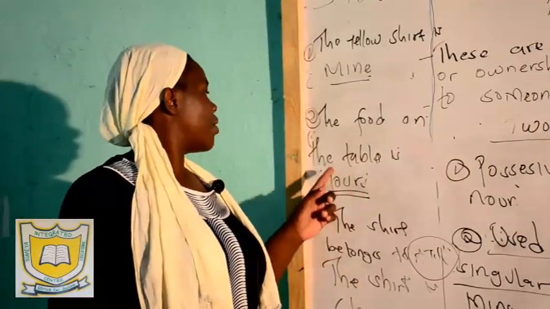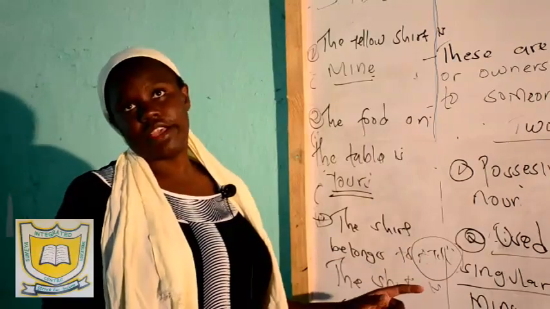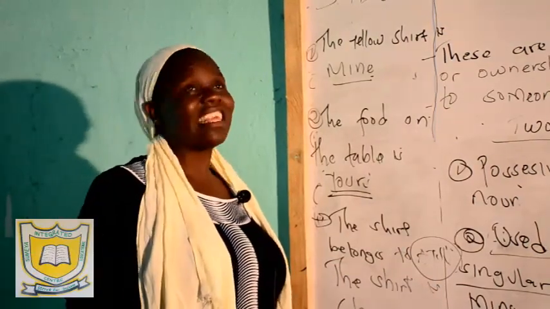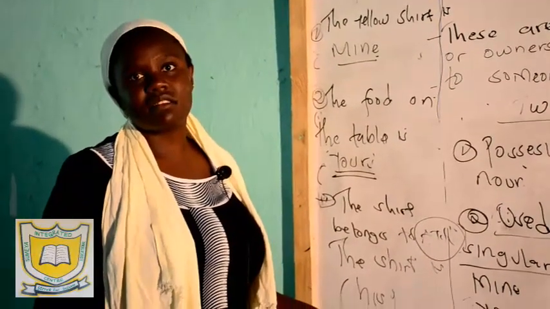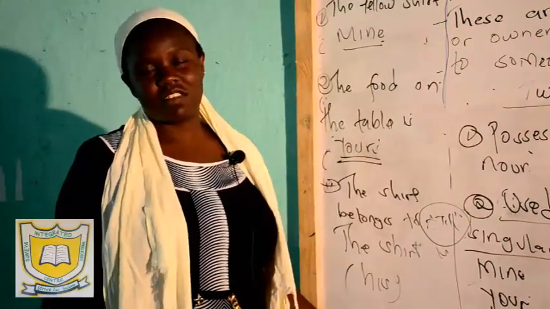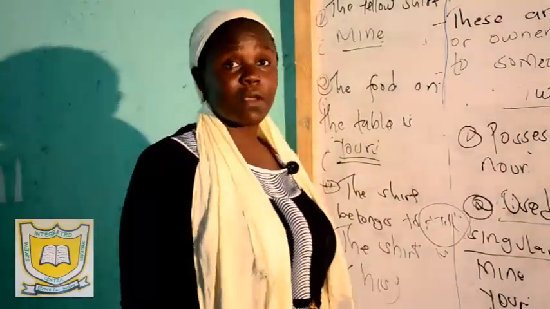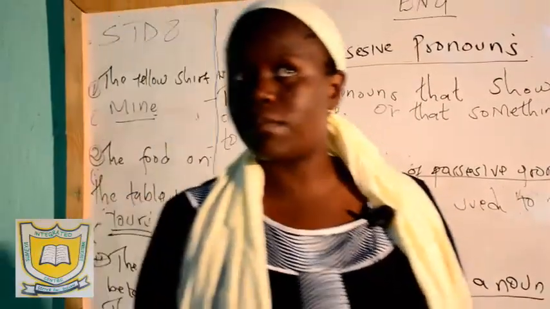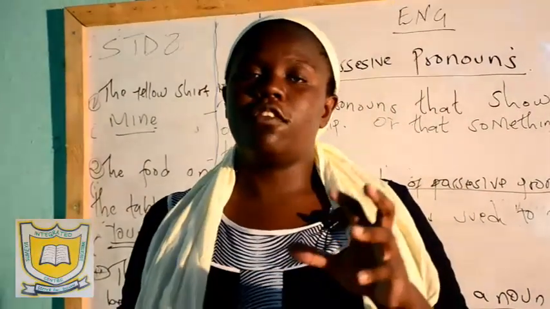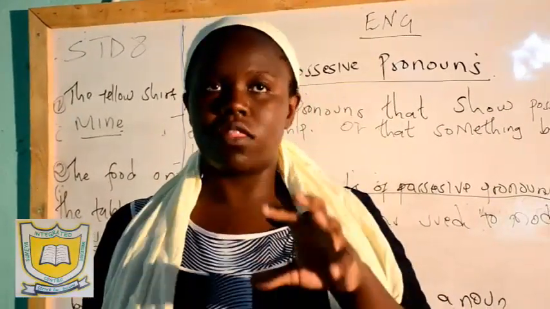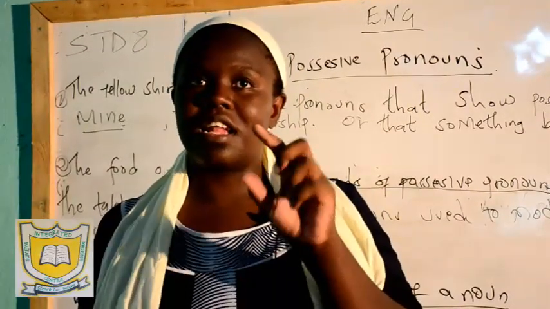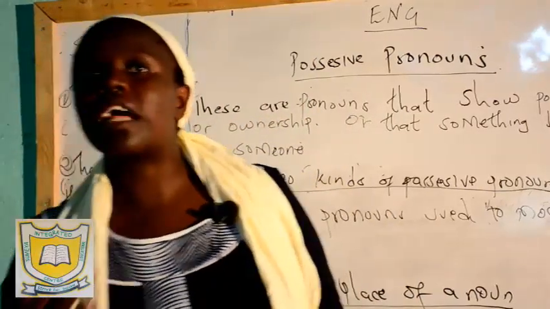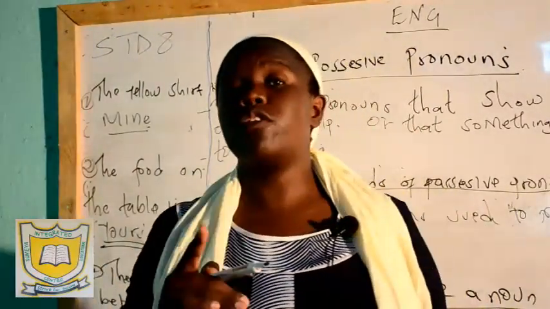Yours. I'm going to say the shirt belongs to Ayub. If I don't want to use Ayub in a sentence, I'm going to say the shirt is his. His has been used as a possessive pronoun in a sentence to replace Ayub. So if you get questions on possessive pronouns, you are going to answer depending on this: those possessive pronouns that are used in place of a noun, or those that are used as modifiers.